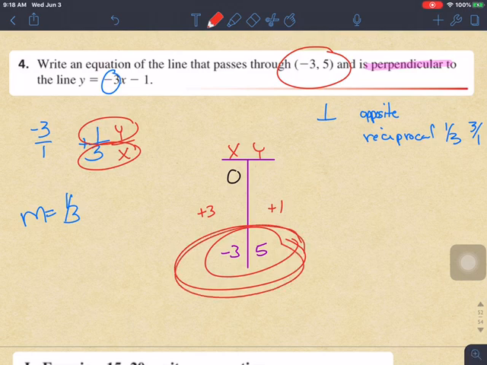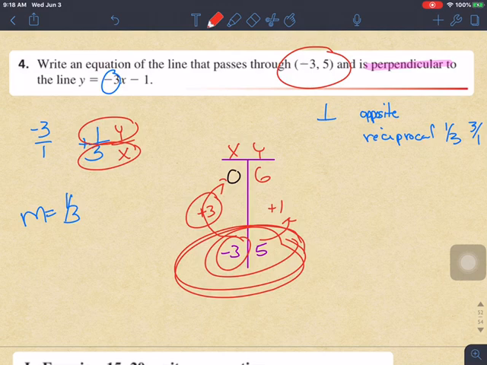You could graph this, but what I'd rather do is work my way back up with an input of 0. We're already at -3. We've talked about when the x goes up by 3, so -3 plus 3 is 0. See how well that works? That means the y went up by 1. So there is your y-intercept.